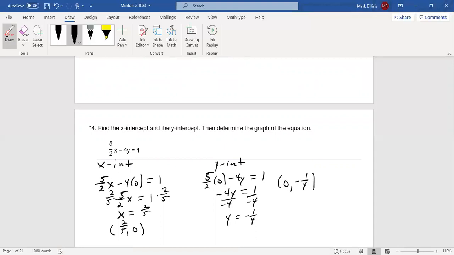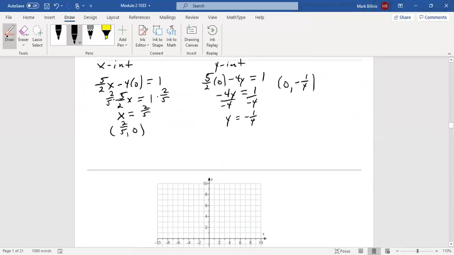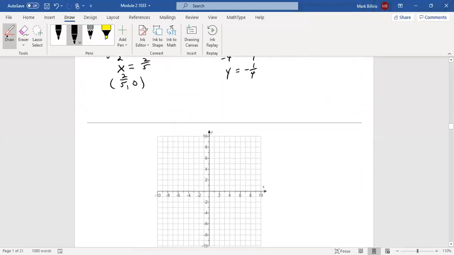So again, we're going to graph these on the coordinate plane. I have the x-intercept being 2/5, 0, and the y-intercept having coordinates 0 and -1/4. Again, since we're moving in increments of 1, we're just going to have to estimate. 2/5 isn't 1, it's less than 1.